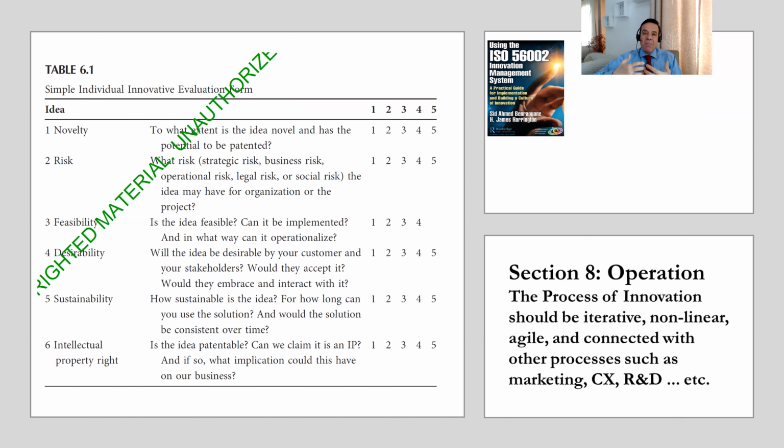And that's what we mean by the iterative process, but also the agile process, that the process can actually link and can talk and can connect with other processes in the organization as well.